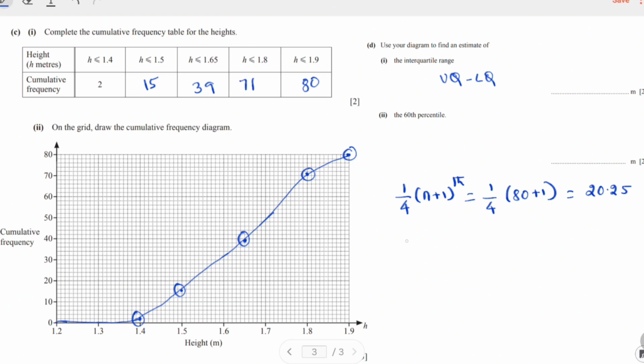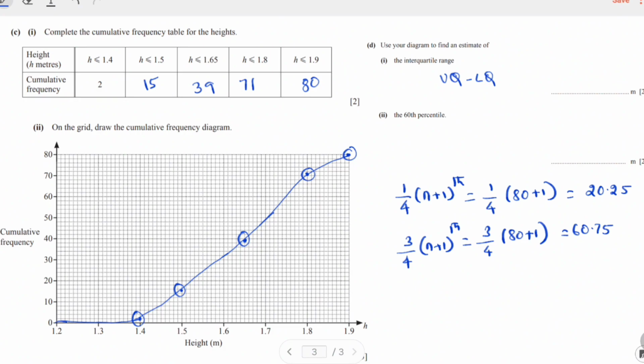The upper quartile is the 3 by 4 of n plus 1th value, which is 3 by 4 of 80 plus 1, which is 60.75.